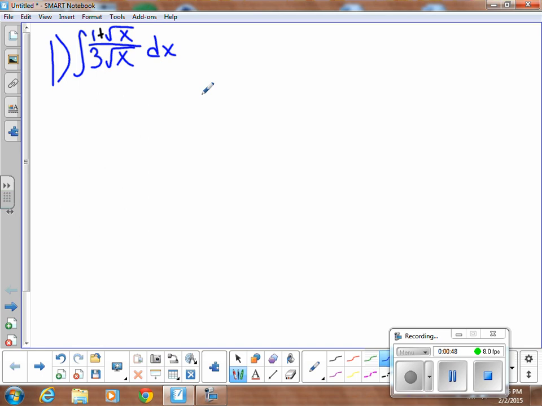If the addition or subtraction is happening in the numerator, you can separate this into two different fractions. If it is happening in the denominator, you cannot separate. You have to use substitution. So here we can separate this as two different problems, and then we'll be able to integrate them separately.